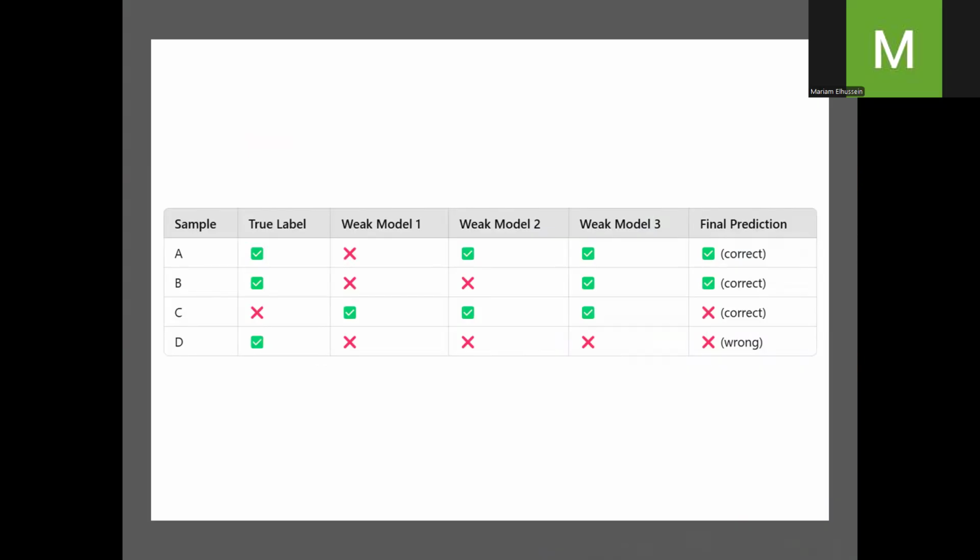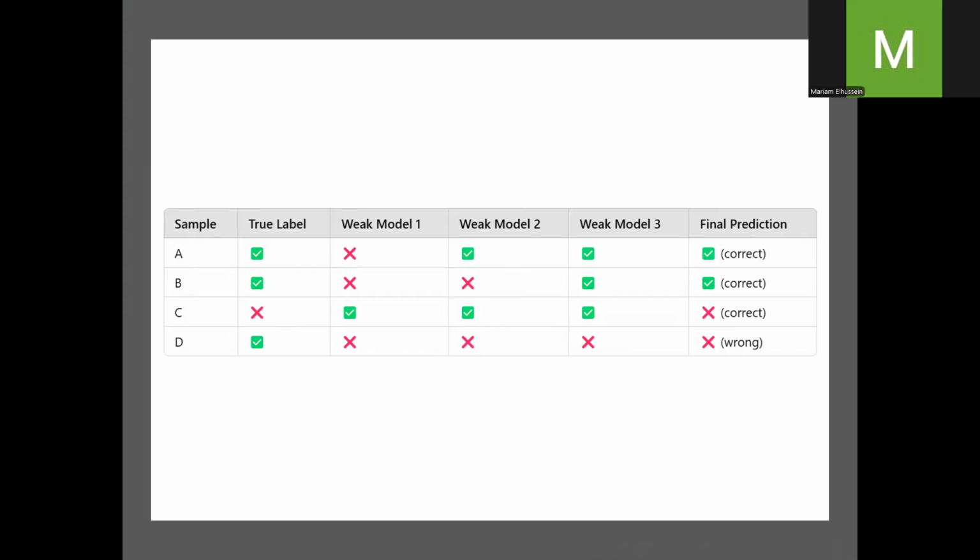So this is an example. This is a data set that consists of four instances. The true label, which is the correct classification for A, B, and D, are all true, and for C is false. Weak model number one actually got all of them wrong.